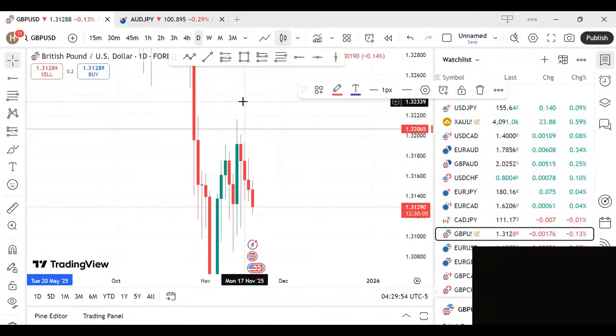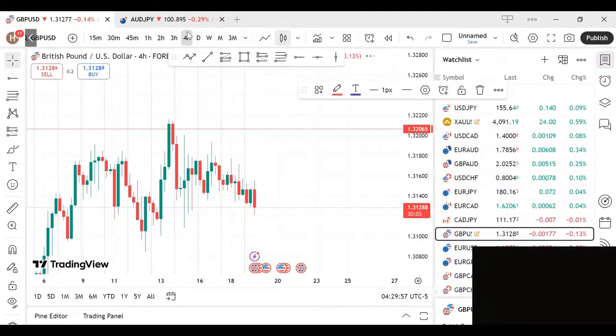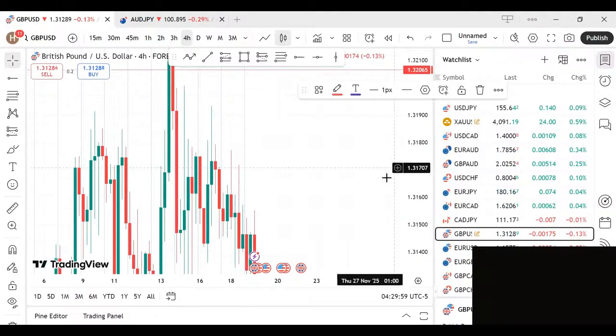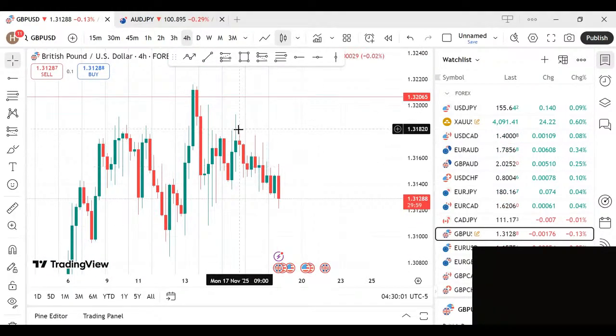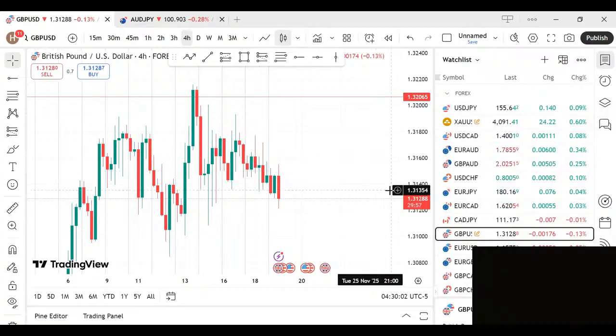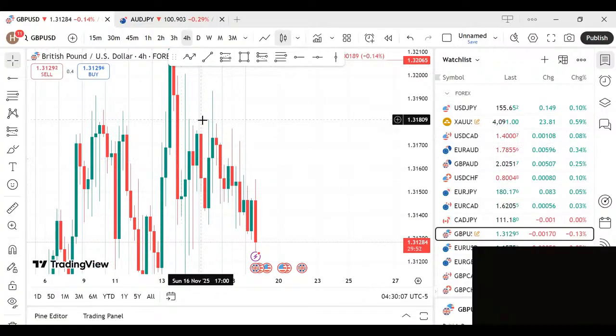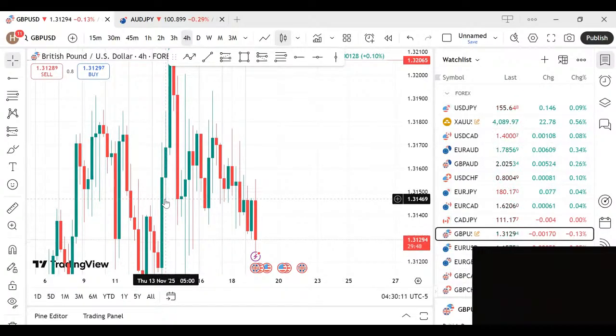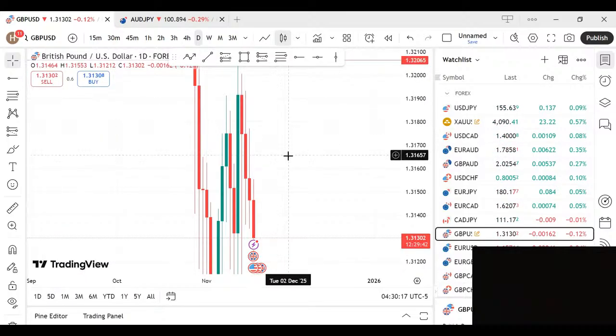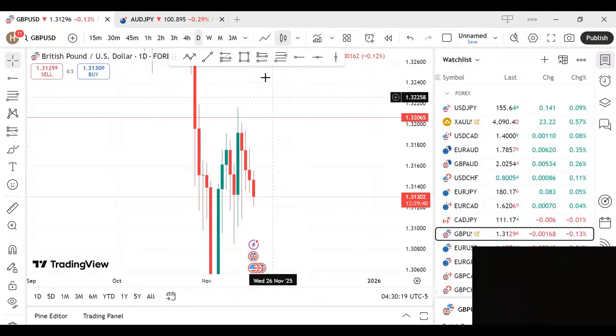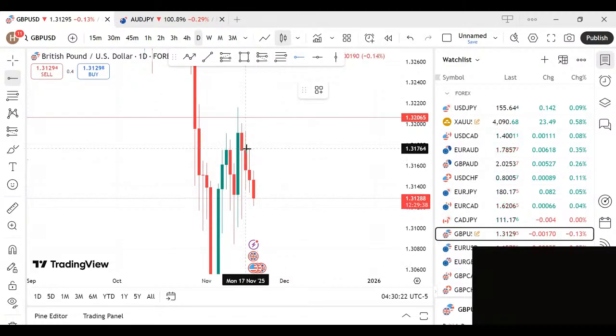So you had this daily rejected daily. Let's see on 4 hours if there was a breakout on 4 hours. So we've been having a series of breakouts of these things on 4 hours. So basically, GBPUSD is bearish.